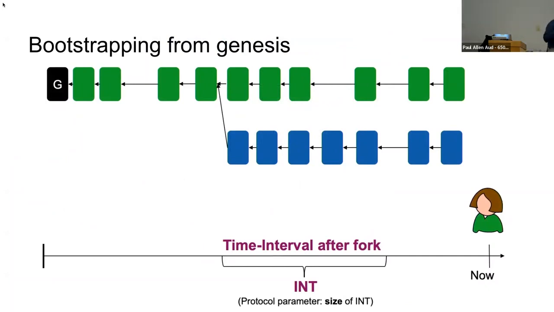And then we have various features and characteristics for the protocol for the other participants. For instance, for participants that are joining the network and would like to find the right chain, it is possible to use a rule that we call bootstrapping from Genesis that looks at forks and examines the density in the time domain in terms of blocks that these forks have and favors those with higher density.